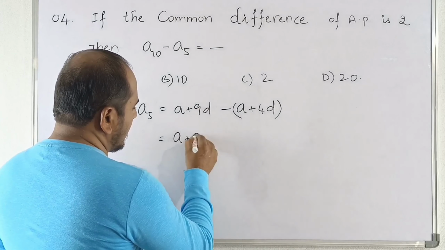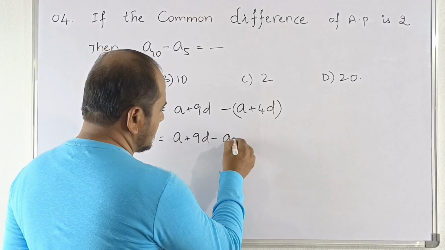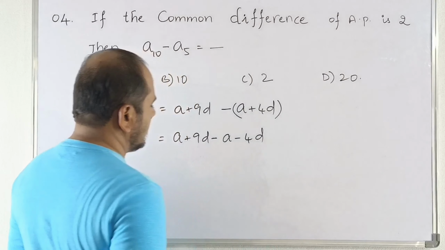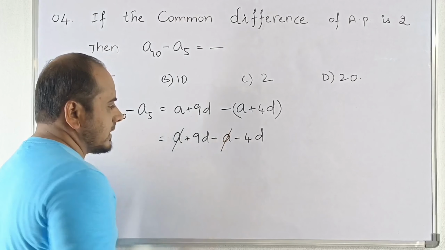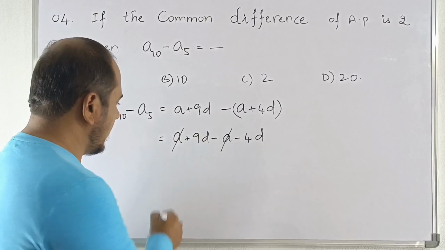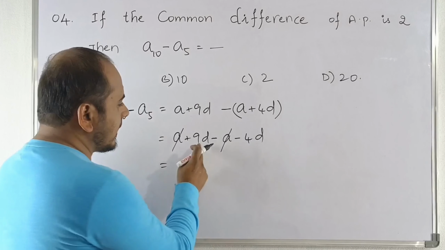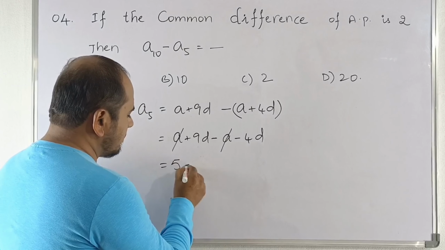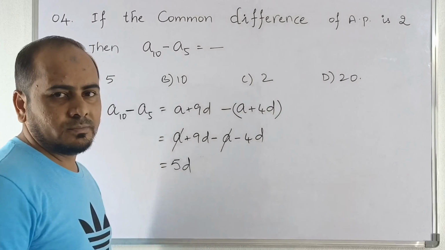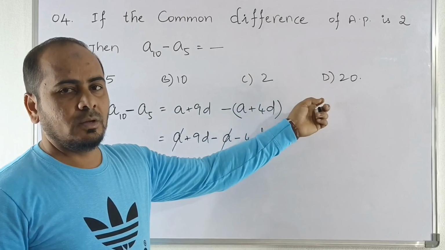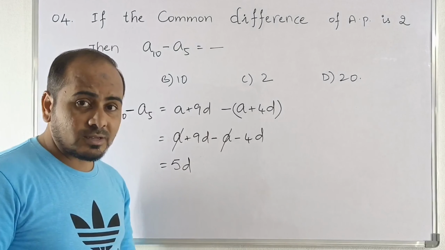Now, A plus 9D minus A, minus into plus gives minus 4D. Then A gets cancelled, plus A minus A. Next, 9D minus 4D, so 9 minus 4 is 5. 5D is the answer. But we don't have 5D in the options, so do you think 5 is the right answer?